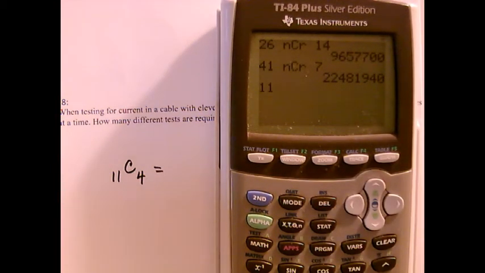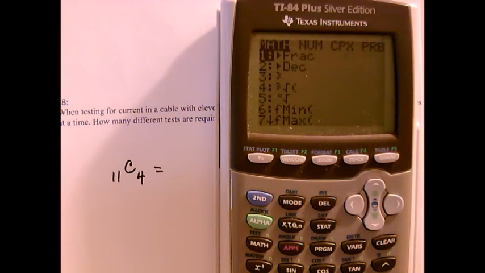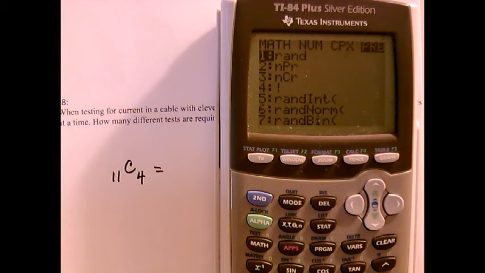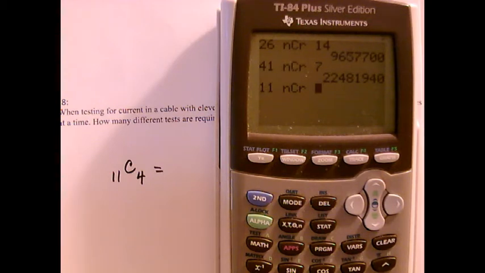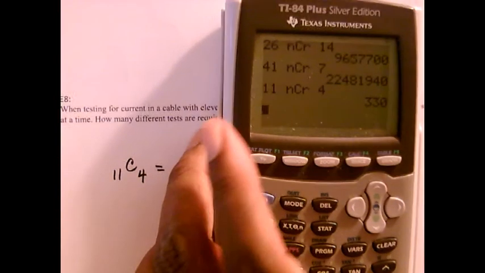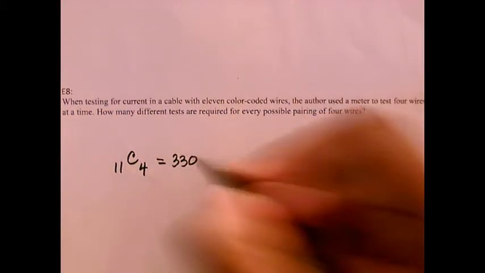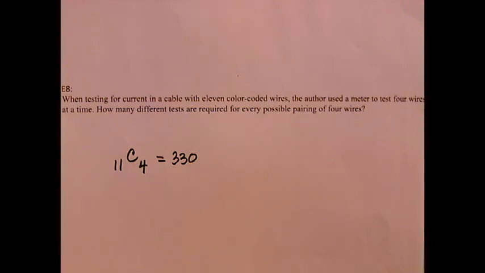So here, we type in the 11, then press the math key, and then go to PRB using your right arrow button, and then select number 3, which is nCr, and then type in the number 4, which is after the C, and then hit enter. That's going to give you 330. So in this case, there are 330 different tests that are required for every possible pairing of 4 wires.